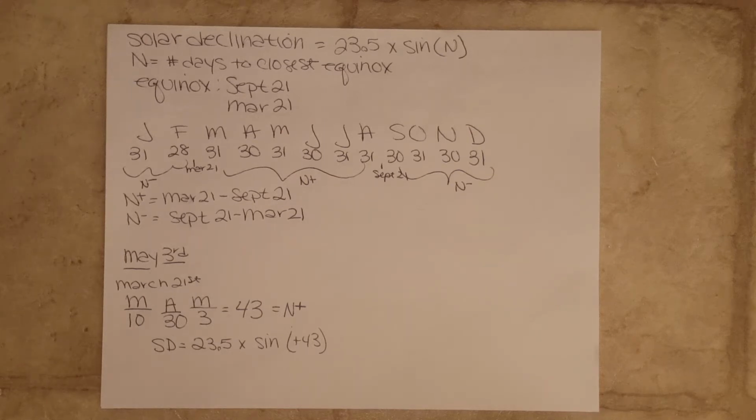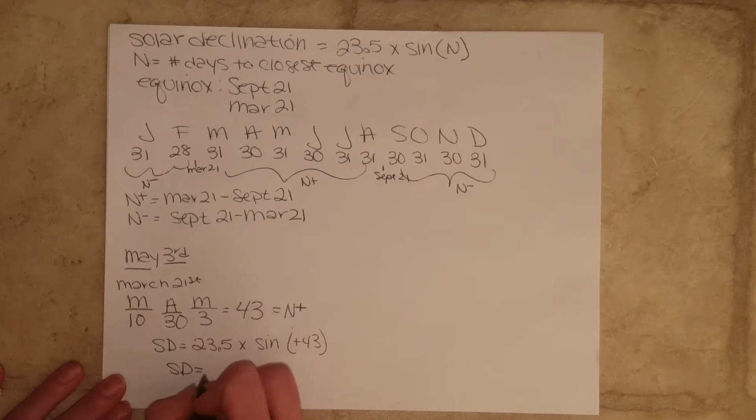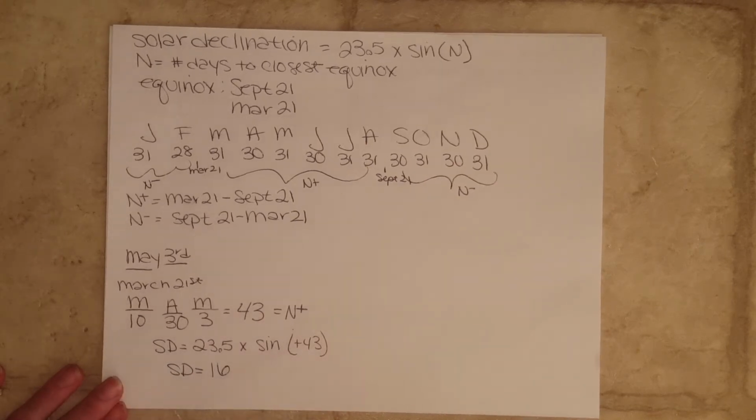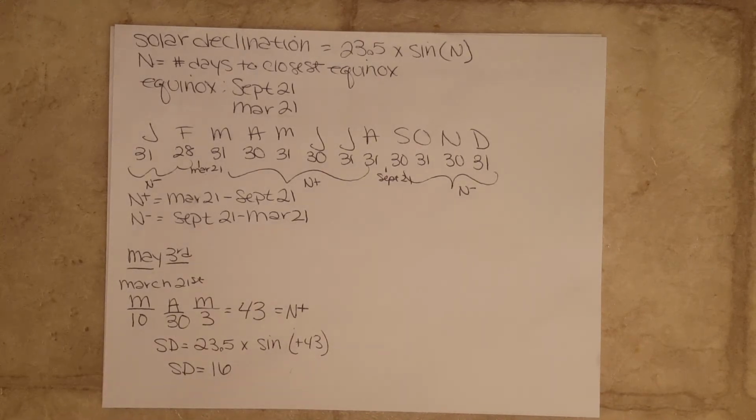And then remember our old friends, the math rules. If it's in parentheses, you need to enter it in parentheses. Parentheses go first, all of those fun things. So our solar declination here is going to be right around 15 or 16 degrees. We'll just say 16 for our purposes. Really, if you can go out to the 100th place, that's perfect, but otherwise, that's fine too.